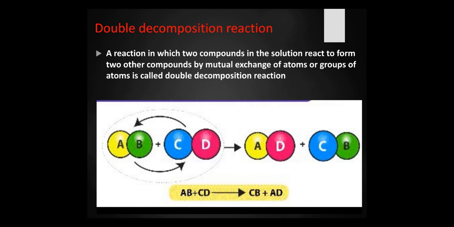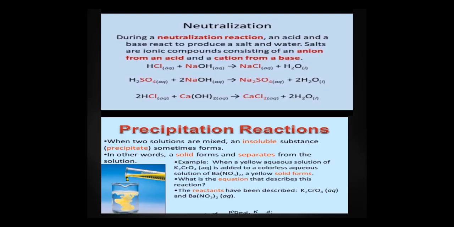So the reaction in which two compounds in solution react to form two other compounds by mutual exchange of atoms or groups of atoms is called a double decomposition reaction. This double decomposition reaction is also divided into two forms, that is neutralization reaction and precipitation reaction.